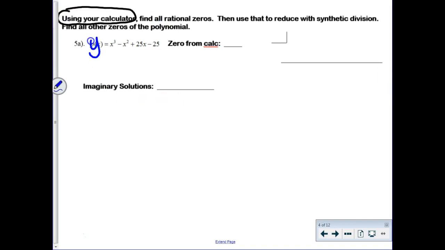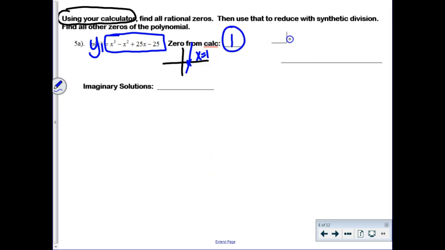So you're going to type this into y1, and you're going to look at the graph. And I don't know exactly what the graph looks like, but one thing for sure I can tell you is that something happens right here. The graph crosses the x-axis at x equals 1.